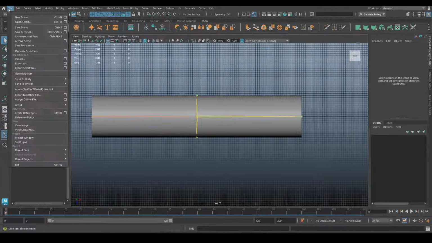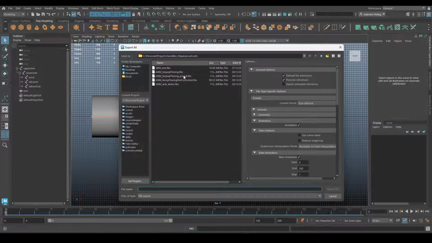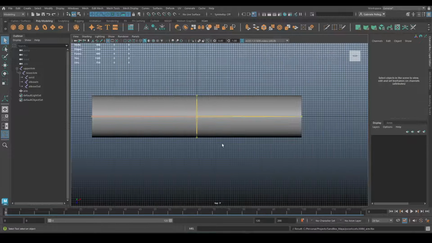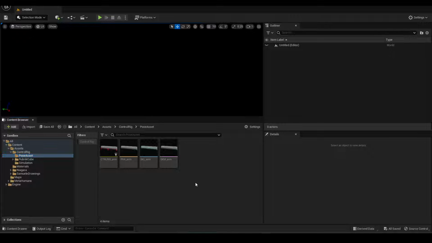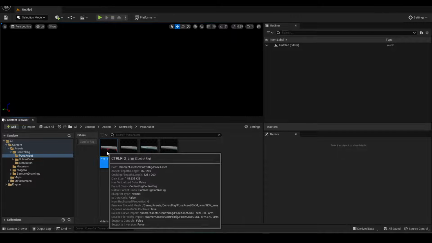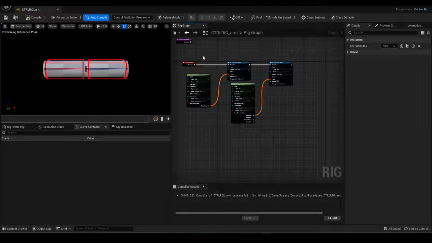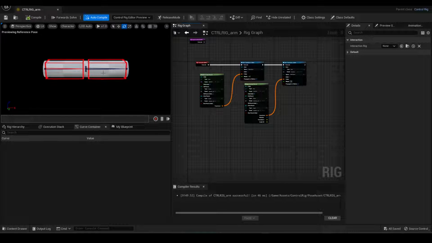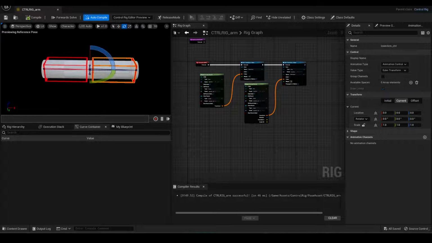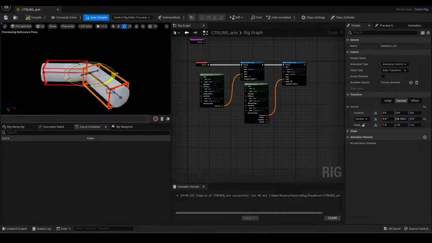What I do then is export this as an animation. Let's export this as arm. We go into Unreal, and in Unreal I have a control rig. I'm not going to explain this too much, but in the control rig I simply have a control that moves the bone.